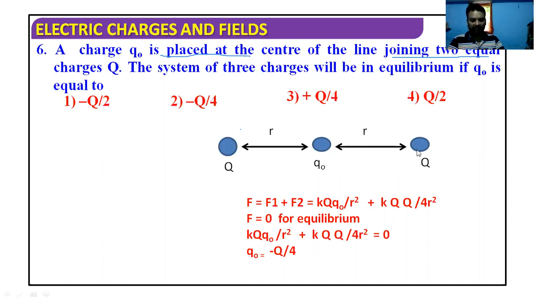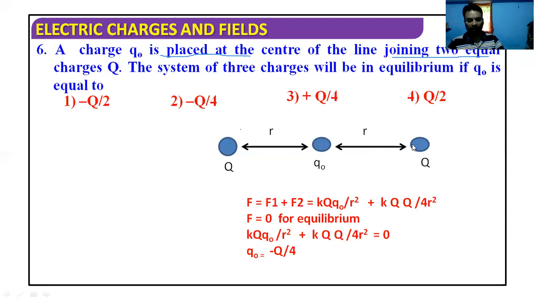Likewise, I can take this charge also. If I consider this charge, I will apply the same concept. If the net force on this charge due to the rest of the two charges comes out to be equal to 0, because this charge will apply a force on this charge, and this charge will also apply a force on this charge.